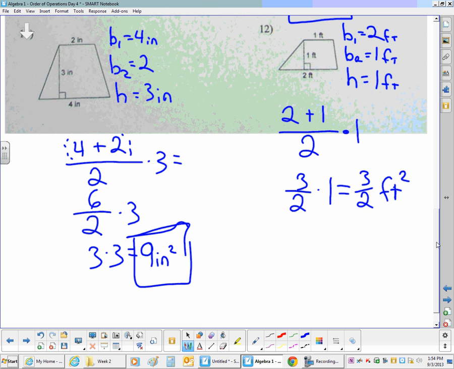Okay? Now, if you were really doing a problem where you had to find the area of a trapezoid in real life, most people are not going to be happy by getting 3 over 2. So they may want to make that into a mixed number, which is 3 and 1 half square feet. That gives you a better idea if you're trying to figure out how much paint to order or something. 3.5 square feet helps you a lot more.